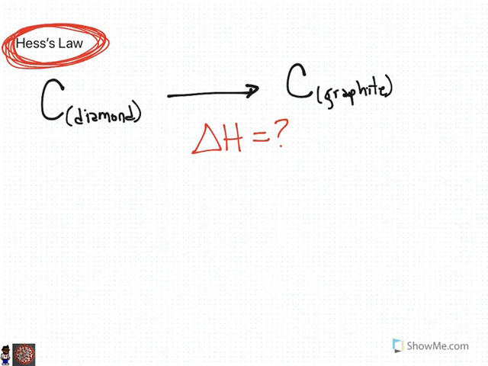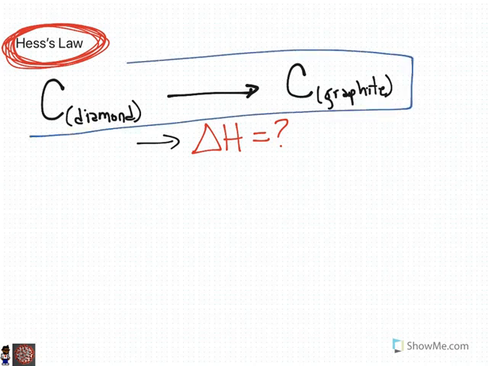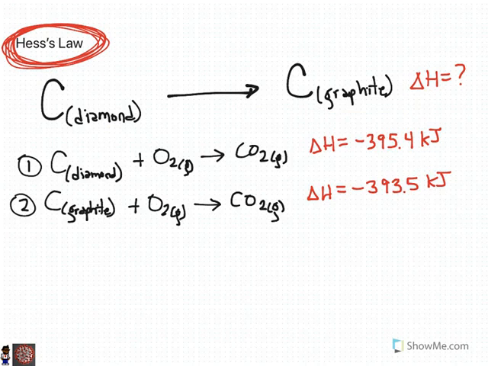So it kind of sets us up to solve this problem. If we want to find delta H for this reaction, it helps if we can find a couple of reactions that we can add together to give us that reaction. Because if we know the delta H's of the reactions that we added to get this reaction, we can add the delta H's to get the delta H we're looking for.